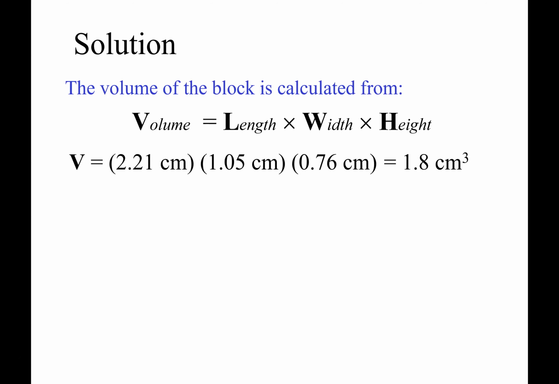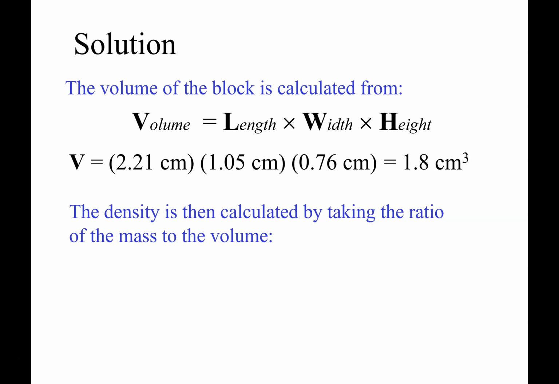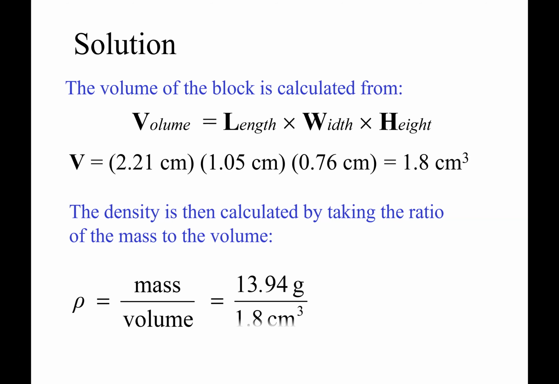All right, so we're ready to plug and chug. We don't have a lot of plug and chug here in chemistry, but density is mass divided by volume. So all we have to do is take the mass that was given on the previous slide, that 13.94 grams, and divide it by the volume.